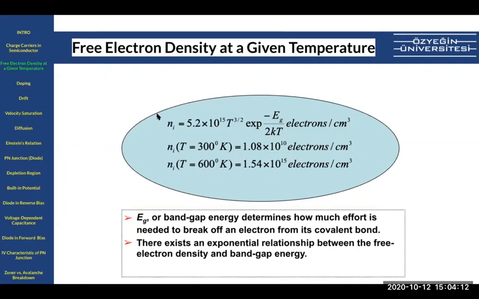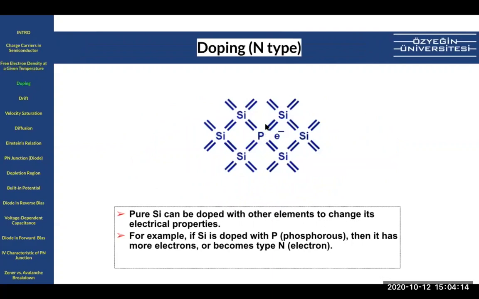The next slide is showing what doping is. The structure doesn't always have to be silicon and silicon, right? Silicon can form bonds with other structures. In this case, it's phosphorus, and phosphorus has more valence electrons than silicon. Silicon was 4A in the periodic table, but phosphorus is 5A.